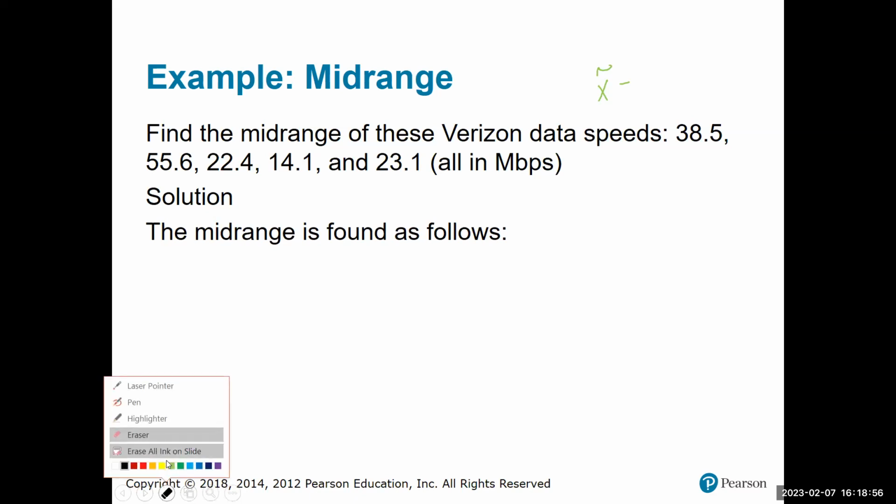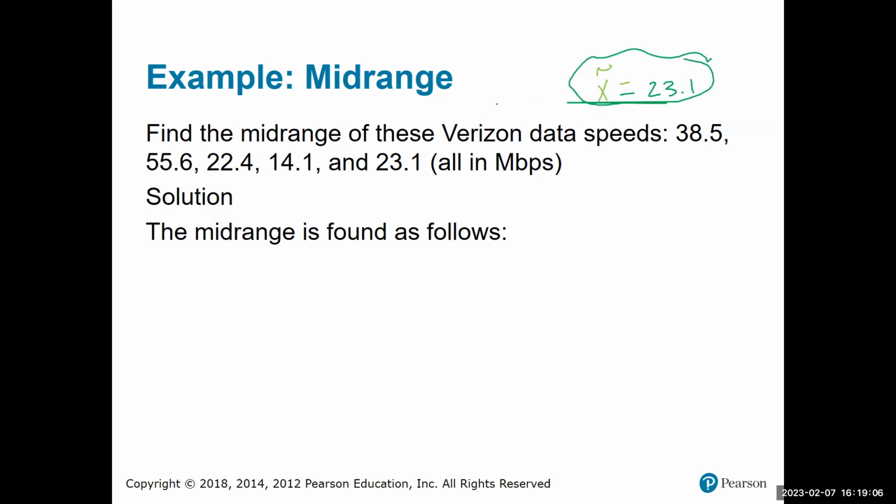The middle value, if you order them, we did it already. So the median X tilde is 23.1. And the mid-range, well, it's the average of the high value, this is the high value, right? That's your maximum and your minimum.